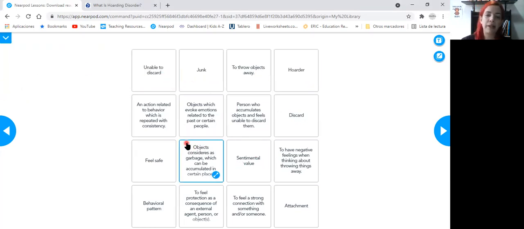By clicking, you will match the corresponding definition with the term. Can you please start? Tell me. Okay, junk. What is junk for you? This is a term. Okay, let's start with unable to discard.